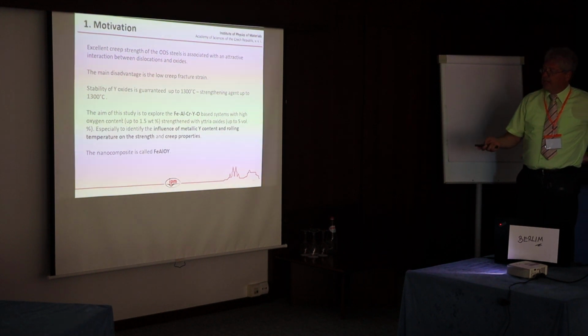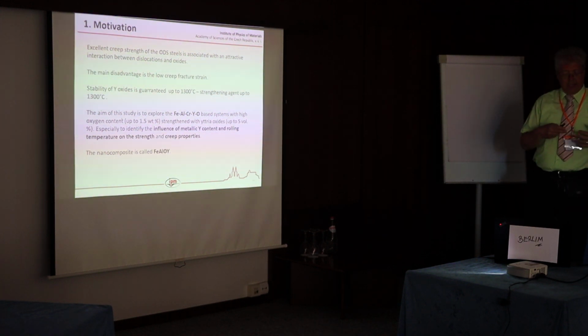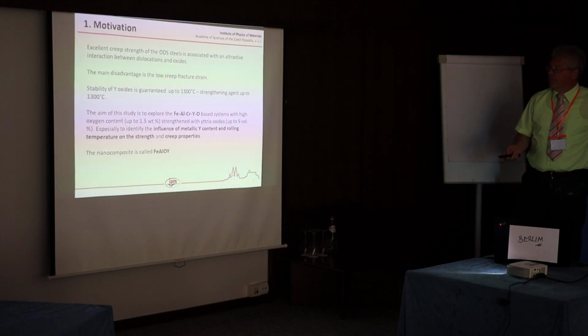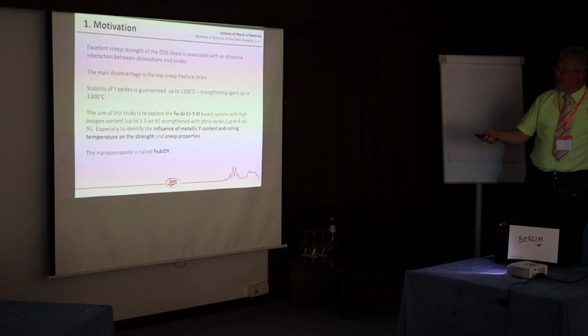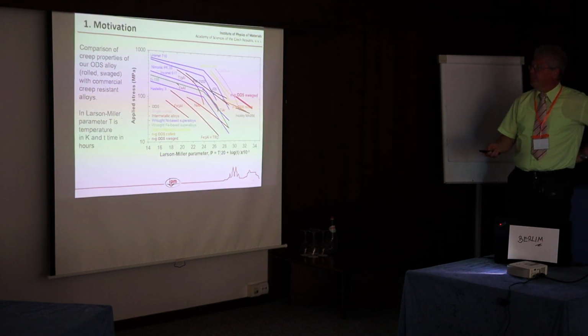The aim of this study is mainly to look at the influence of the additional metallic yttrium, which is added to the powder to capture the remaining oxygen, and the rolling temperature on the strength and creep properties. We call this alloy Fe alloy, which is an easy name.